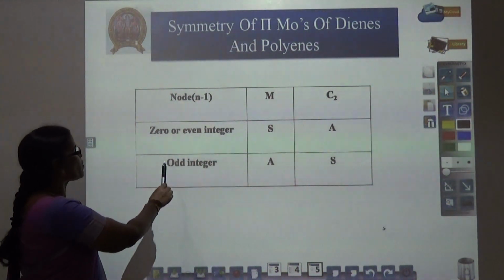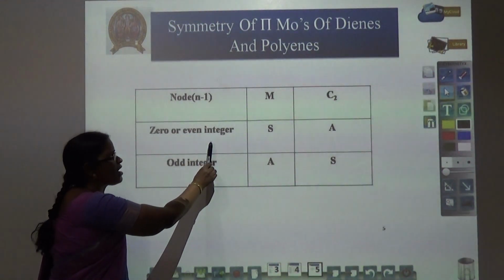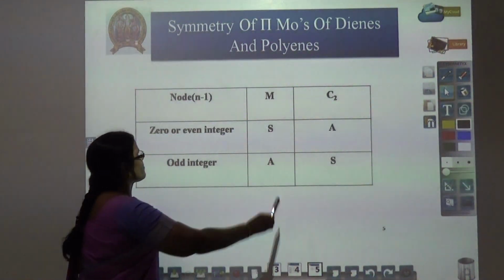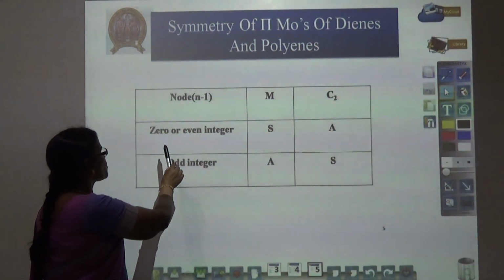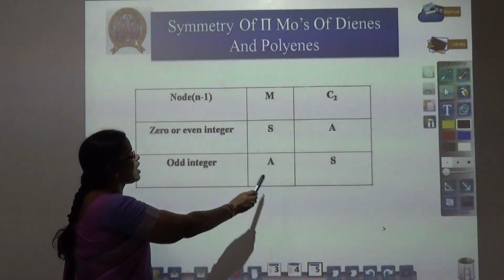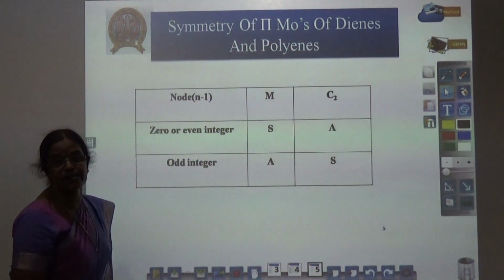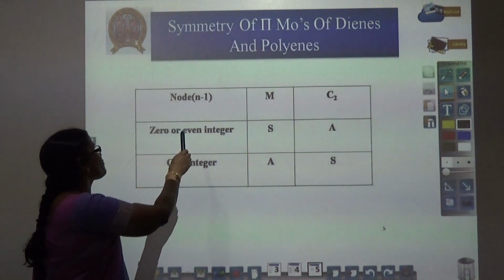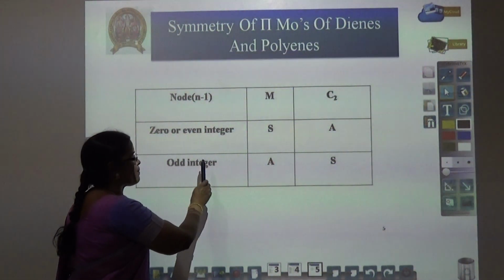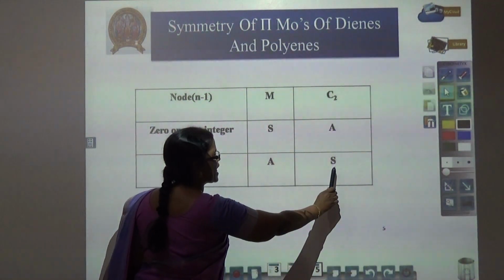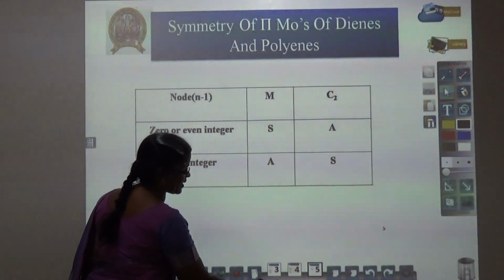If the number of nodal planes is 0 or an even integer, the mirror plane symmetry is S, and the C2 axis of symmetry is asymmetric. If the number of nodal planes is odd, the mirror plane symmetry is asymmetric, and the C2 axis of symmetry is symmetric.